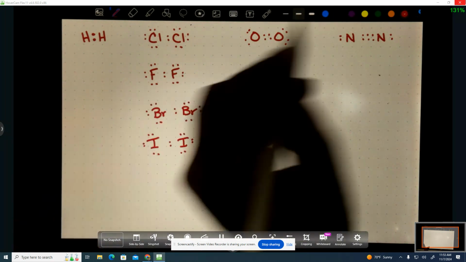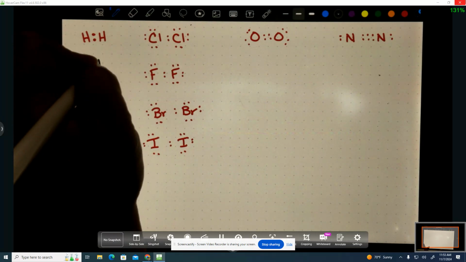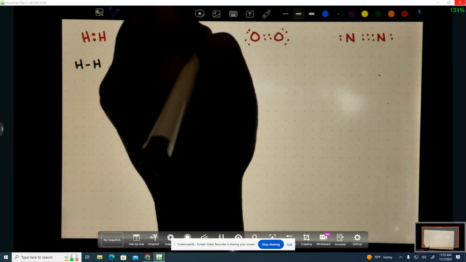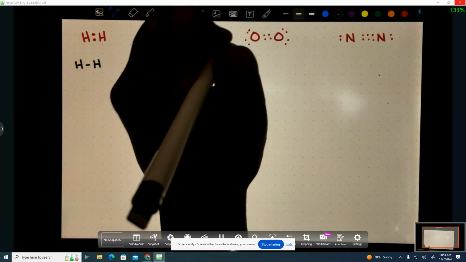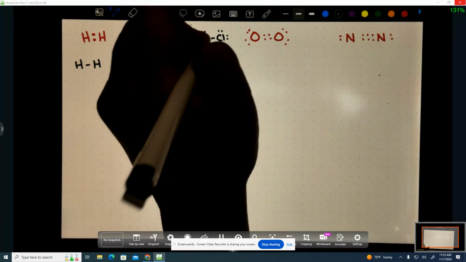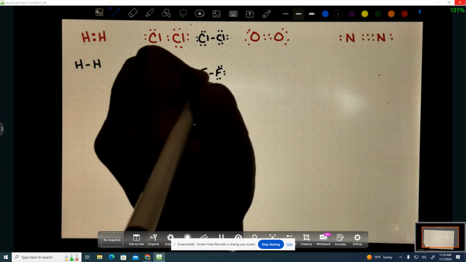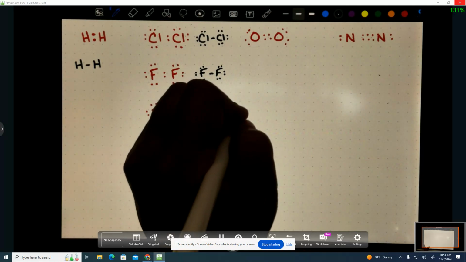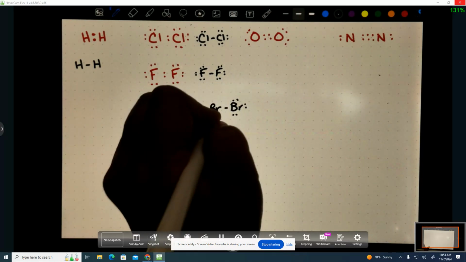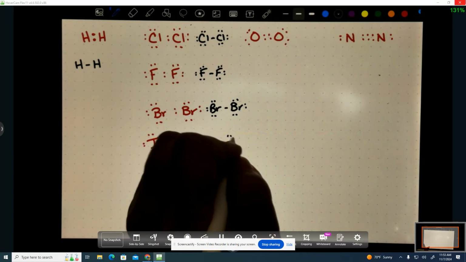If you draw them with the little lines, you'd have H going to H, you'd have Cl going to Cl, fluorine going to fluorine, bromine going to bromine, and iodine going to iodine.